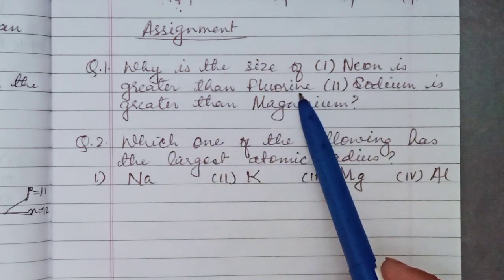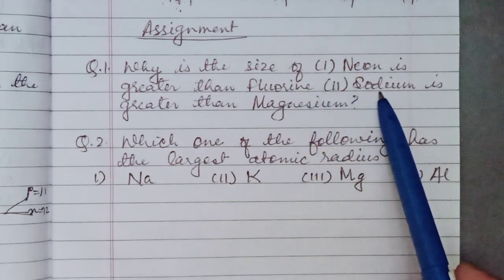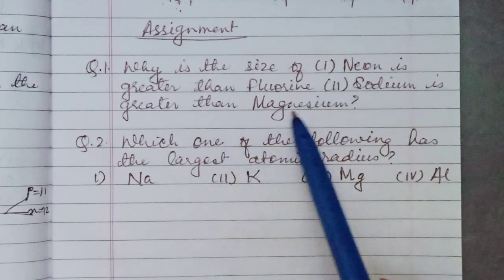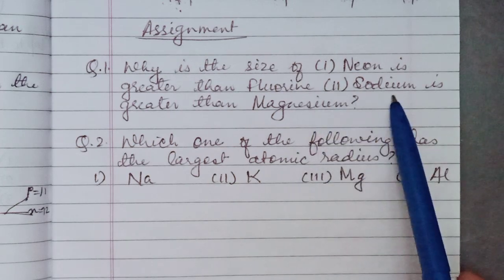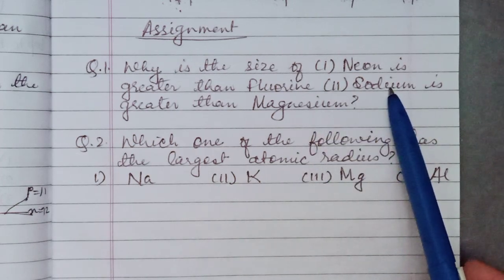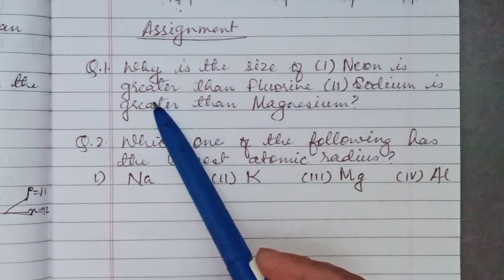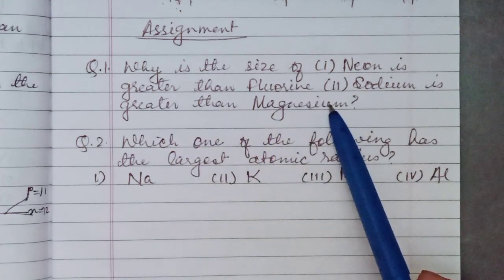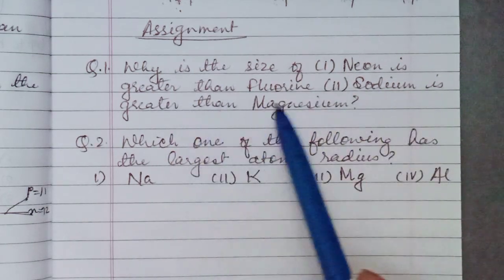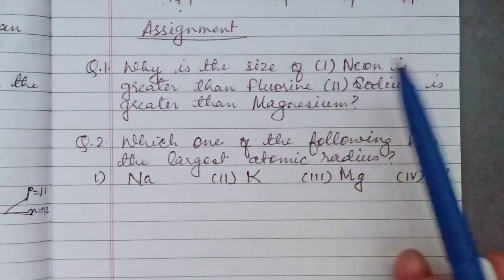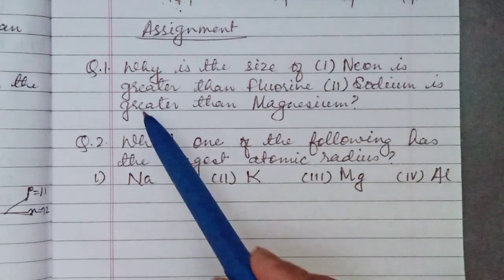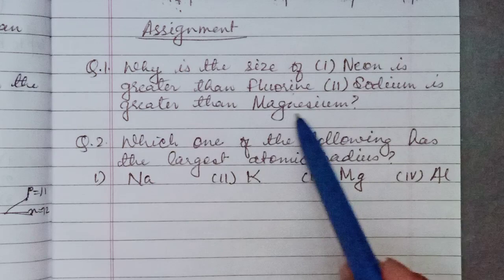We have done this just now. And one more: sodium is greater than magnesium. Sodium is present in group number 1 and magnesium is present in group number 2. You have to give the reason why neon is greater than fluorine and sodium is greater than magnesium.